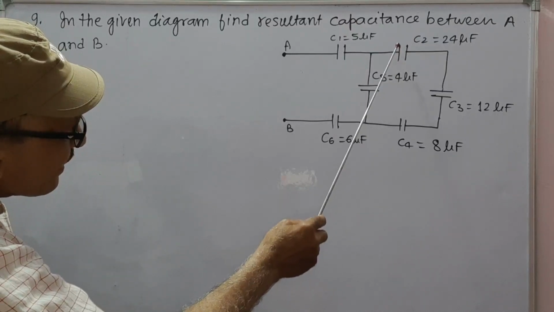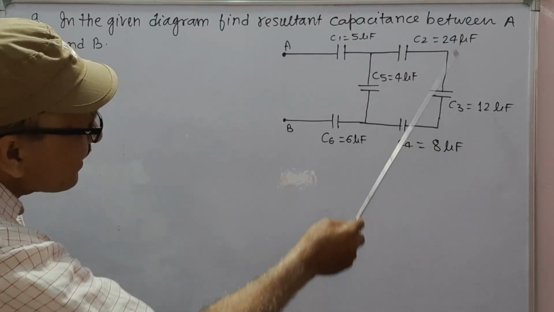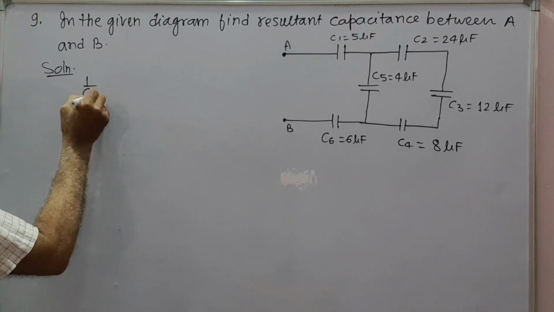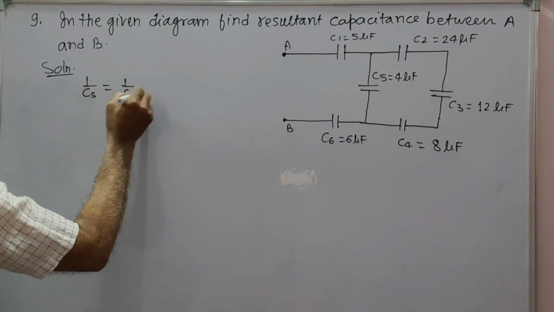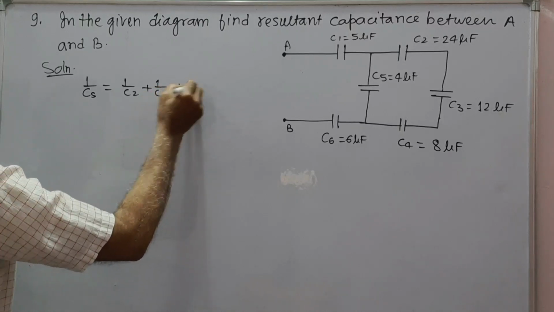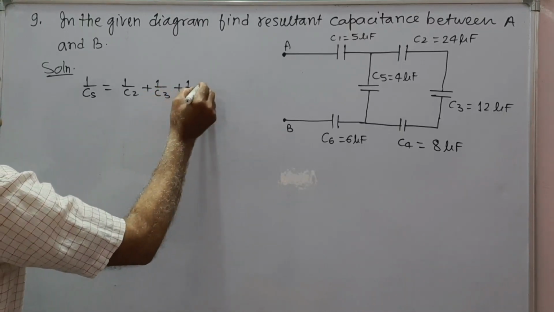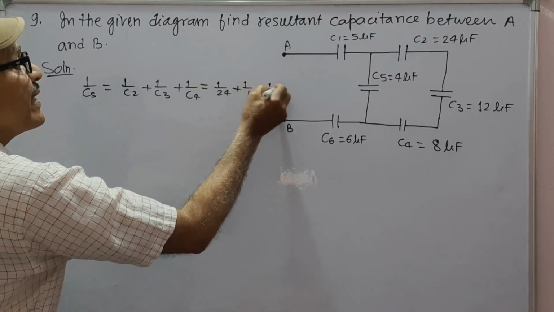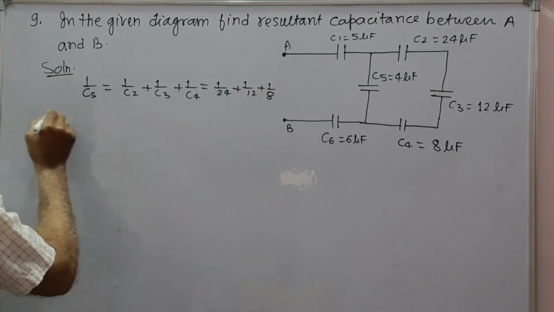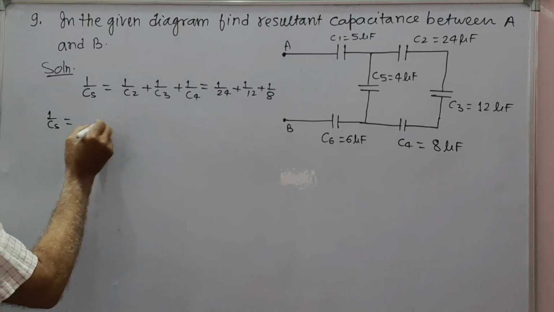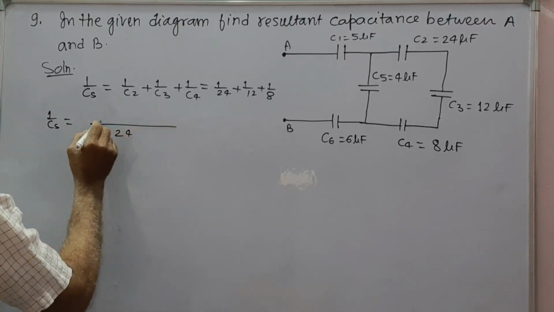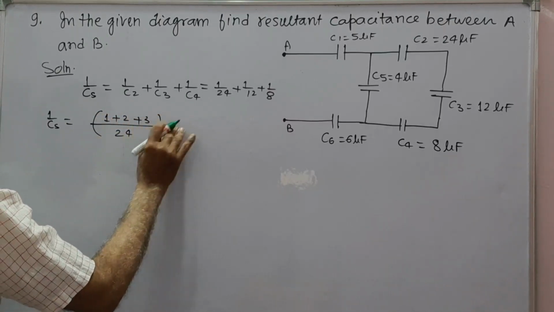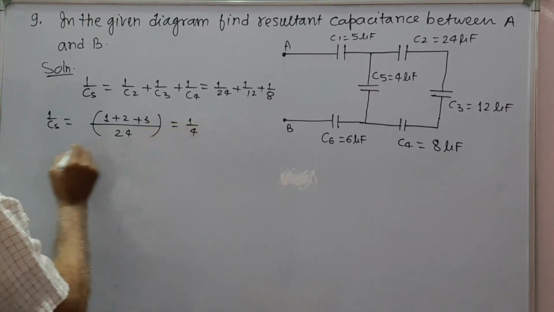Therefore, if their resultant capacitance is denoted by Cs, then 1 by Cs will be equal to 1 upon C2 plus 1 upon C3 plus 1 upon C4, that is 1 by 24 plus 1 by 12 plus 1 by 8. 1 by Cs will be equal to, LCM is 24, 1 plus 2 plus 3 means 6 upon 24 means 1 by 4.